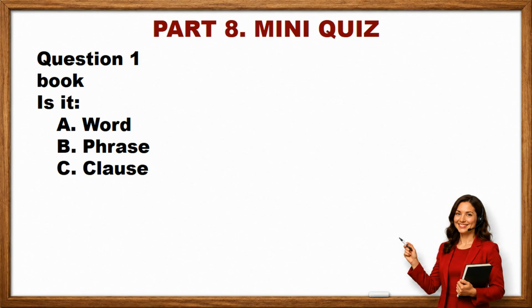Part 8. Mini quiz. Let's practice. Question 1. Look. Is it A. word, B. phrase, C. clause? Answer: A. Because it's one word.